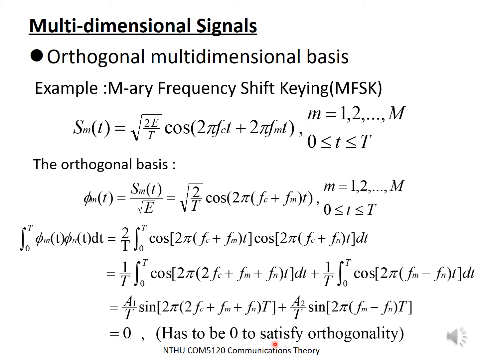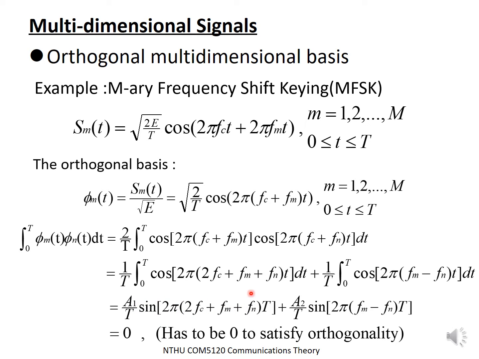Okay, that means we have condition 1 and condition 2. Intuitively, the easy solution is to have the argument of this sine function be a multiple of pi.